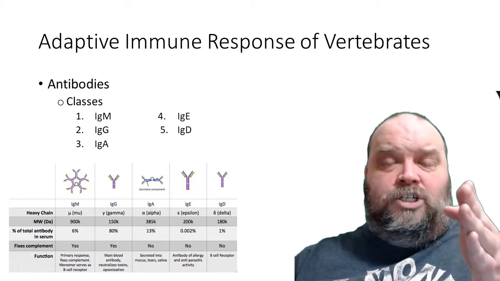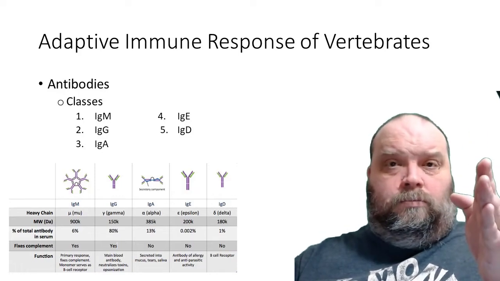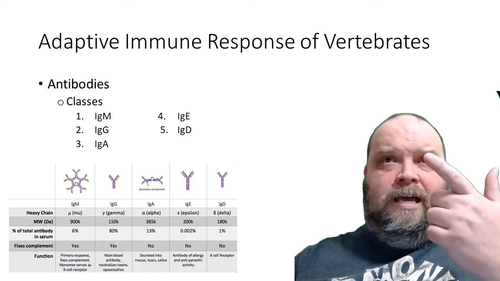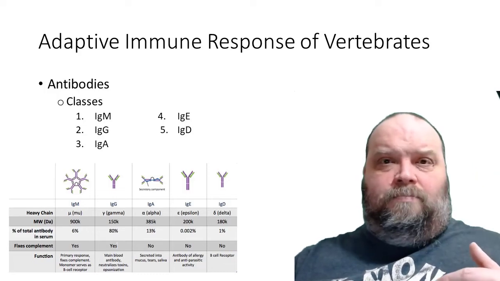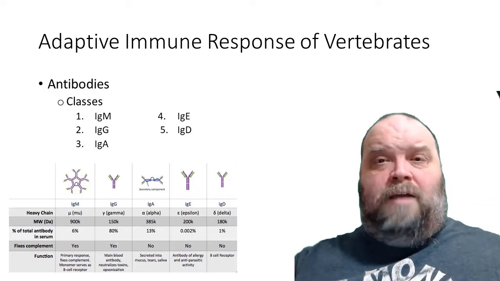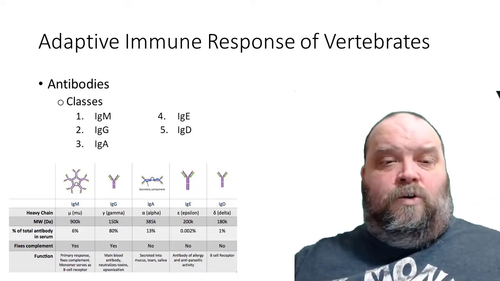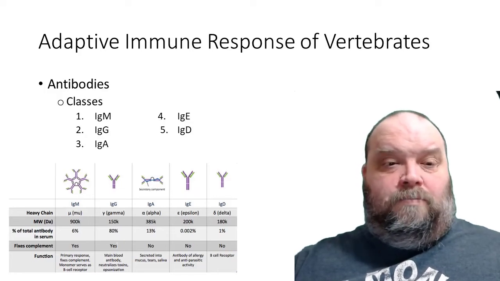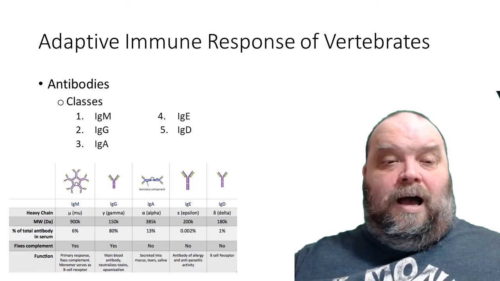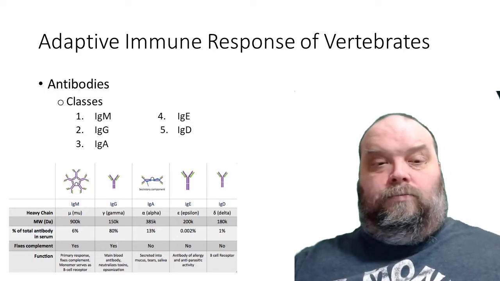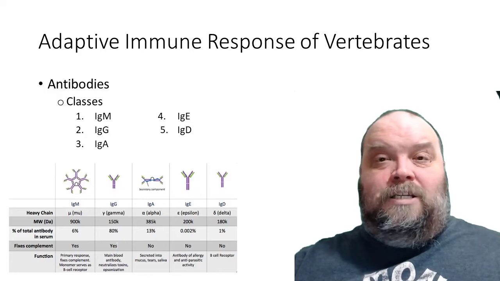So instead of IgM, the initial, depending upon where the B cell is located and where the antigen's coming from, IgM could become IgG, which is the primary antibody you find floating throughout your body, your bloodstream. Or it can become IgA, IgE, or IgD, depending upon what needs to be done.